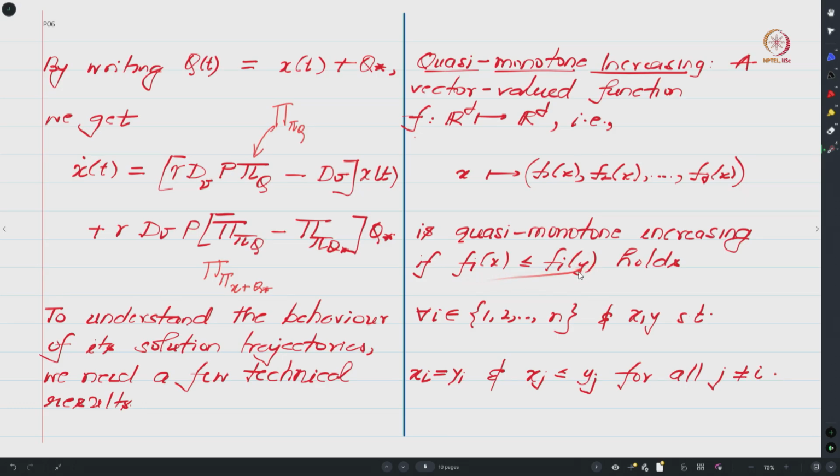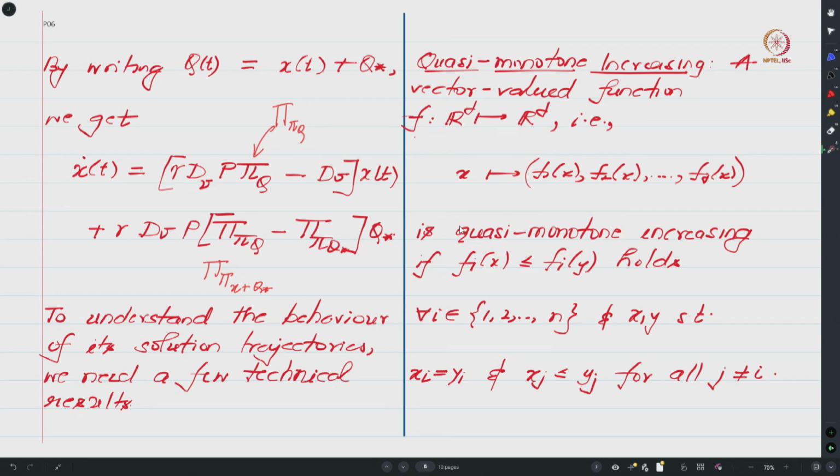Notice that this condition is only needed for those i where xi equals yi. We do not need such a condition for other coordinates where xj could be strictly less than yj. So only for the coordinates where xi equals yi, we require that fi of x be less than or equal to fi of y, and hence the word quasi monotone.